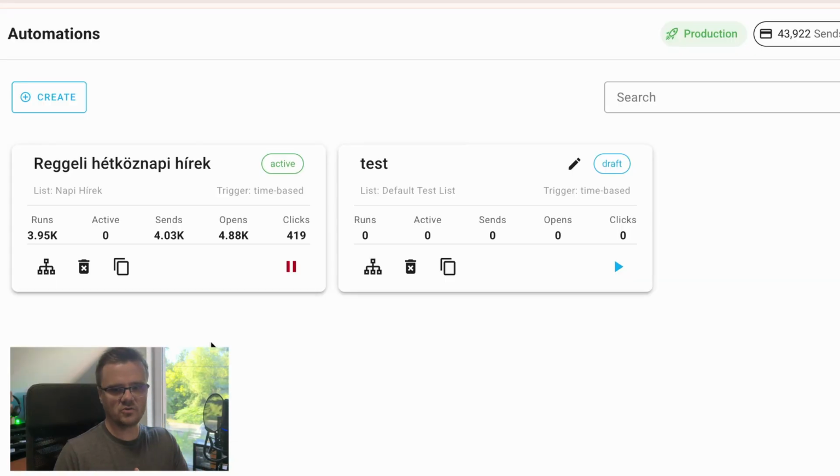And yeah, that's the value of it, that you can actually read the newsletter and know about what happened in Hungary, in my country. And the open rate is around 60 to 70% every day, the unique open rate. So I find it to be quite good. So even though the list is still small, it's a quite active one.